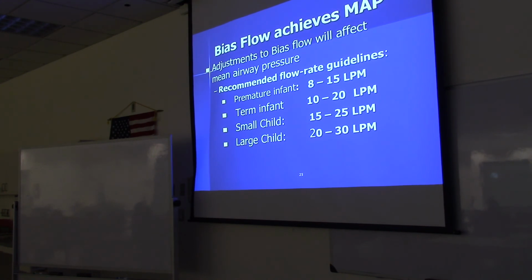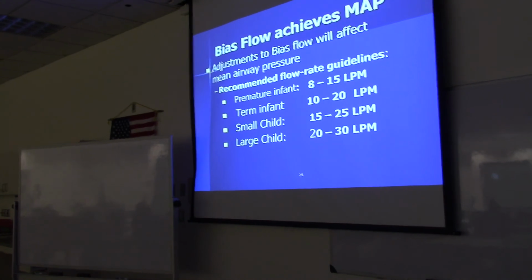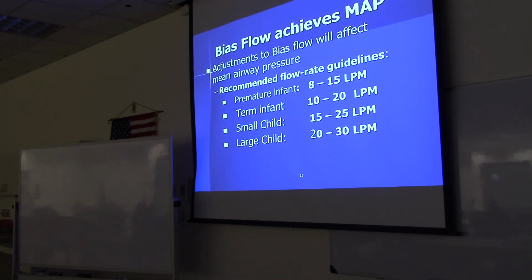All right, so how do you get the mean airway pressure? Well, you put this flow going through the circuit, and that flow going through the circuit will also go into the airways, and it's called bias flow. So you'll see a flow meter, and you just crank it up until you get your mean airway pressure.